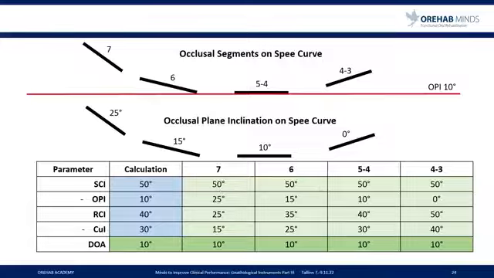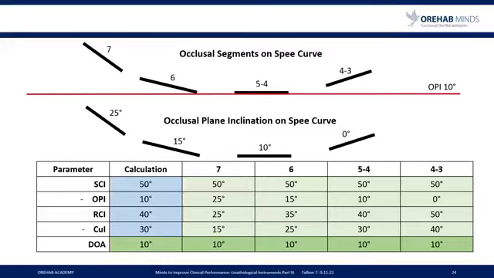And using now these parameters in this table, here the segments, 7, 6, premolars, anterior, sagittal condylar inclination always the same. Occlusal plane inclination in general, here 10 degrees. In the table now inserted the different inclinations of the segments from 0 to 10 to 15 to 25.